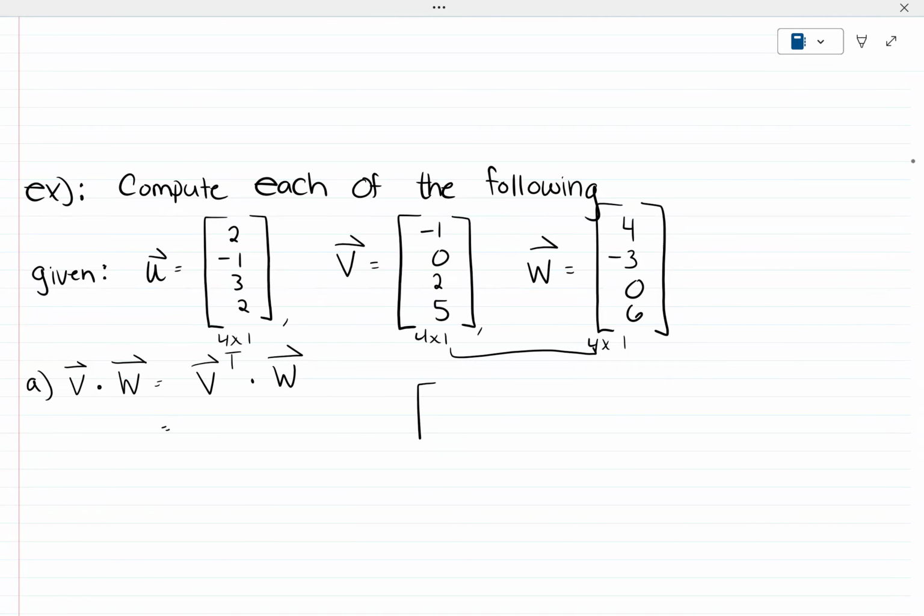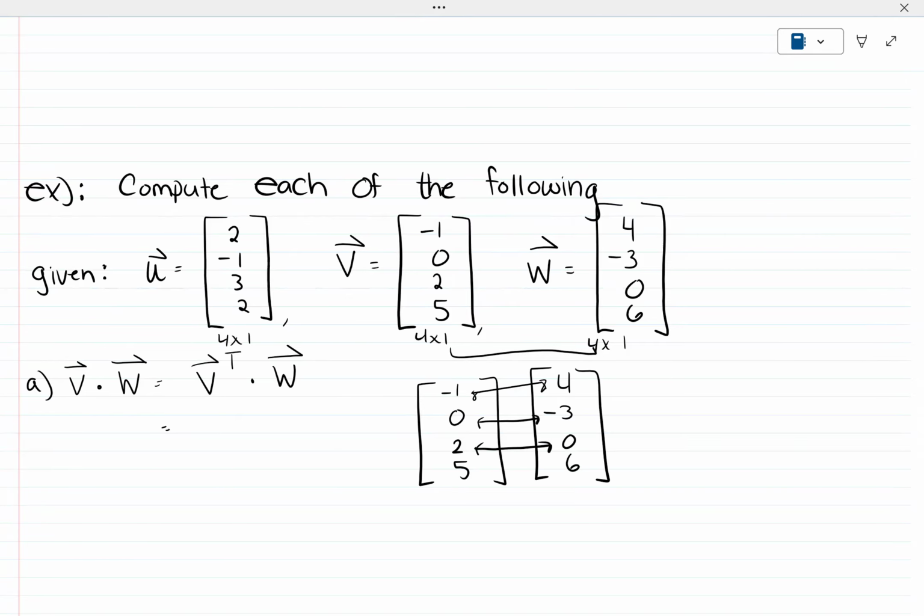Vector v is -1, 0, 2, 5. Vector w is 4, -3, 0, 6. All you're doing is multiplying corresponding numbers: -1 goes with 4, 0 goes with -3, 2 goes with 0, 5 goes with 6.